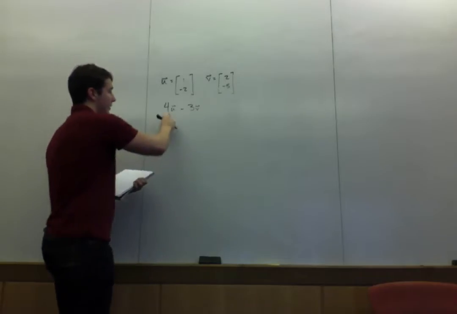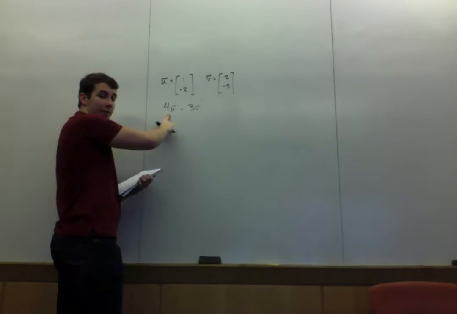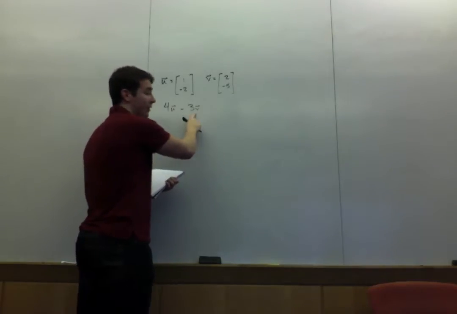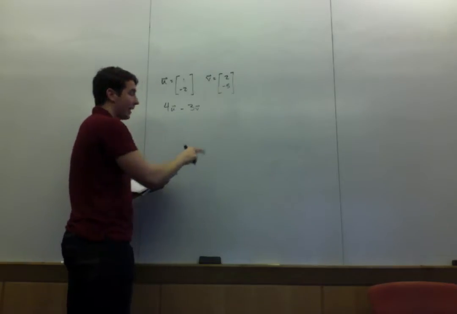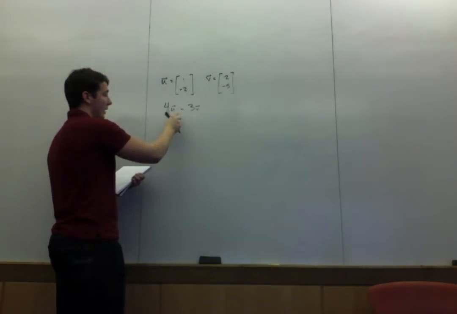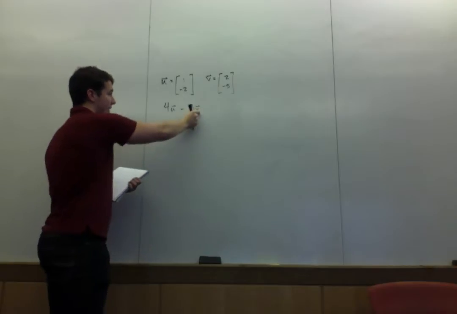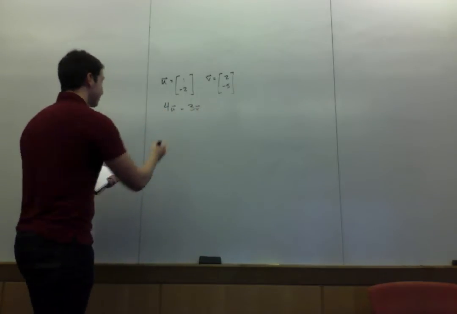So we want to scale the vector u by the number 4 and scale the vector v by the number 3, and then we're going to do this subtraction of a scaled v from the scaled u.